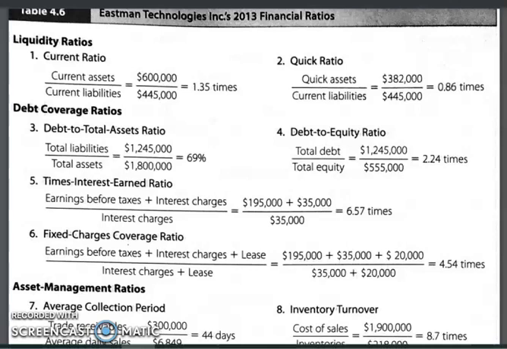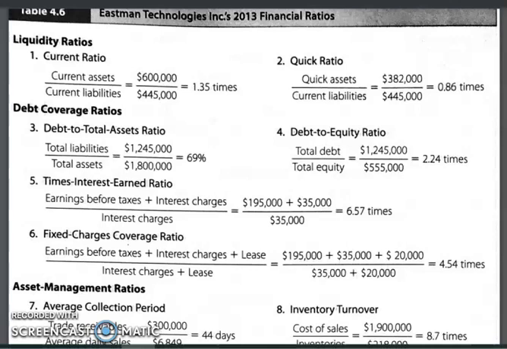Or our total assets are covered with 69% debt. And of course, on the flip side of that, it would translate to 31% equity, because debt plus your equity equals your total assets.